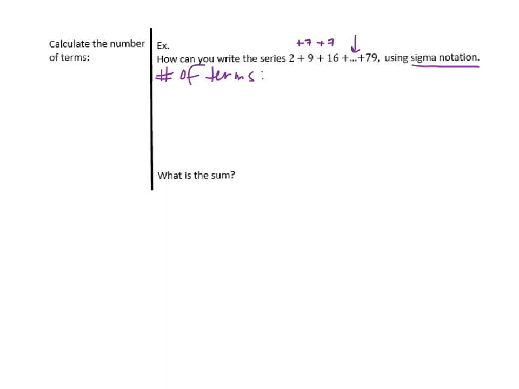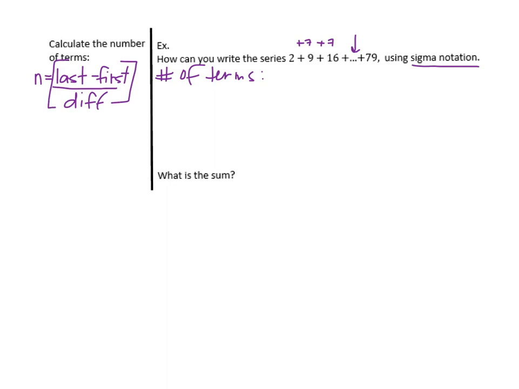Over here on the left, a formula to calculate the number of terms, n equals: if we take the value of the last term minus the value of the first term, and we divide by the common difference, that'll tell you how far apart those terms are.